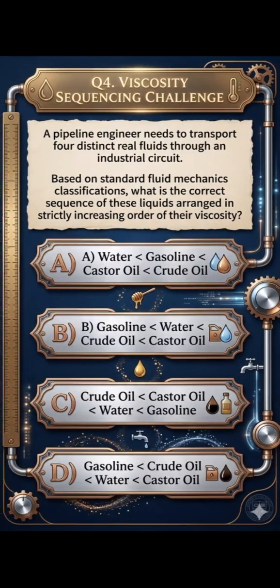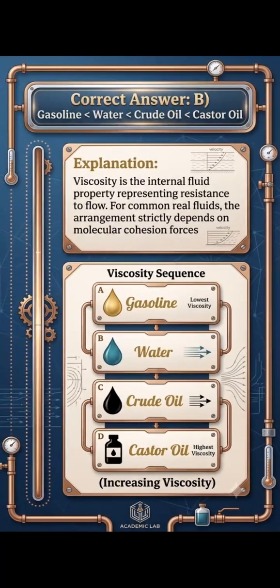The right answer is option B: gasoline, water, crude oil, castor oil. Viscosity lowest is gasoline. Highest viscosity is castor oil. Sequence is gasoline, water, crude oil, and castor oil.